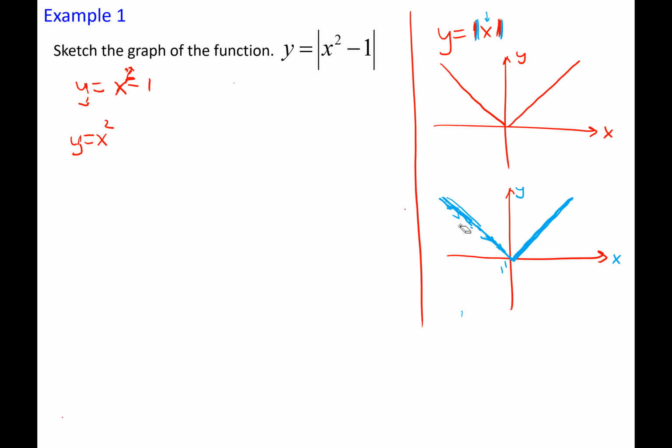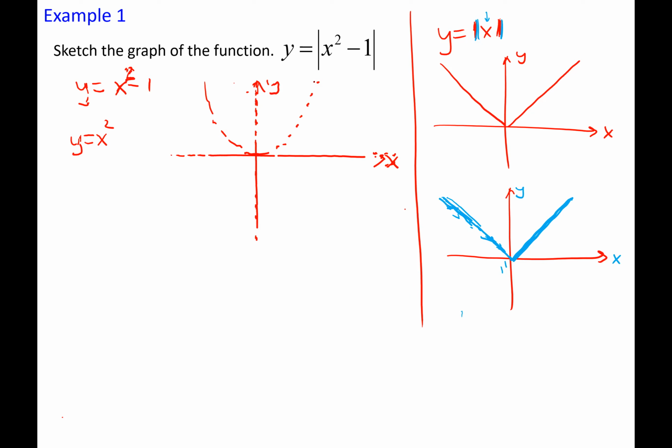Okay, this is x, this is y. Again, x squared looks like that.